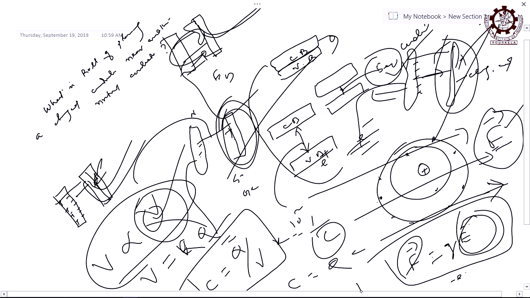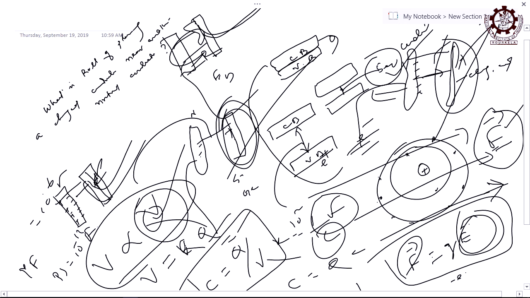That is also capacity, but the unit of capacity is farad, because coulomb by volt is farad. Q is coulomb, potential is volt, coulomb by volt is farad, but farad is a very big unit. So, practically, we use microfarad, which is 10 to the power minus 6 farad, or picofarad, 10 to the power minus 12 farad.